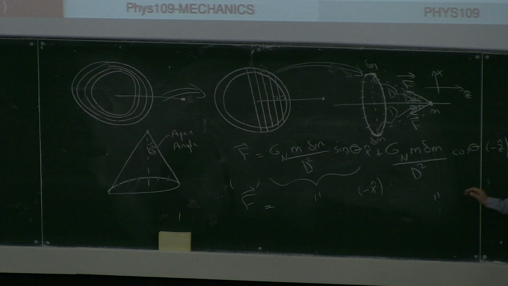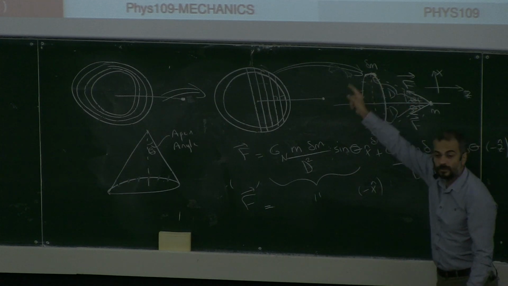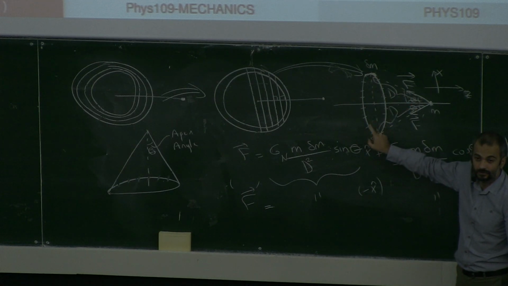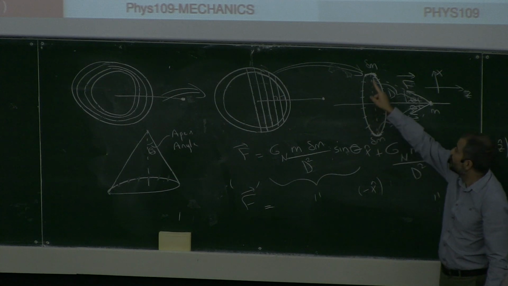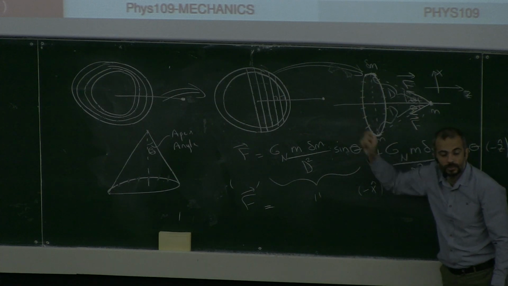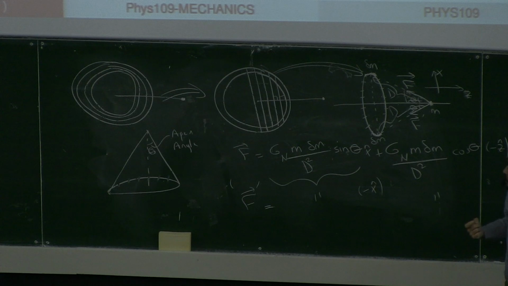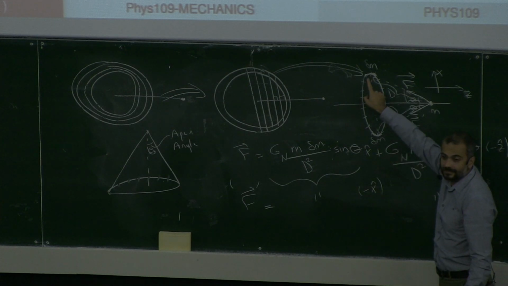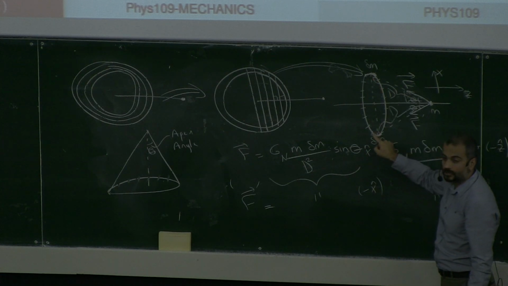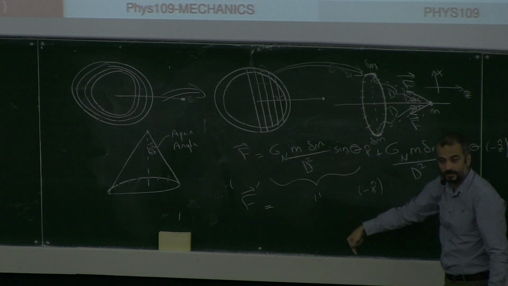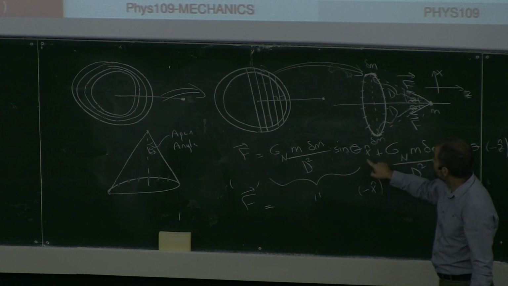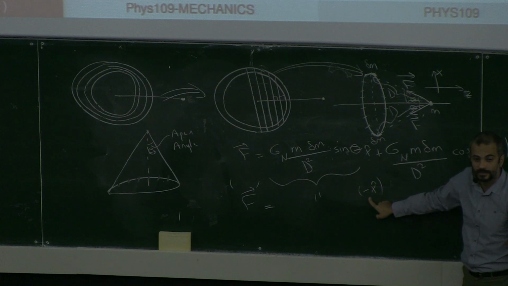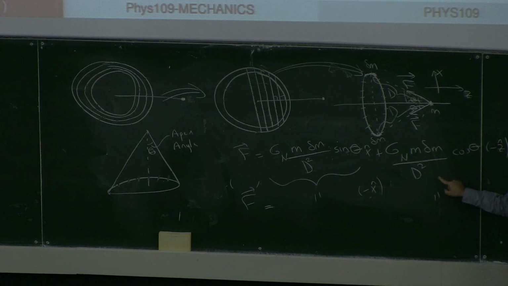Now if you want to calculate the total force created by the ring, you have to sum all the forces created by each one of these small arcs. For each arc, there is a corresponding arc on the opposite side of the center, such that the x component of the force is in the opposite direction, but the z component is in the same direction.